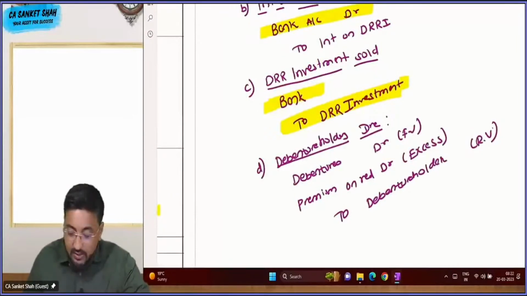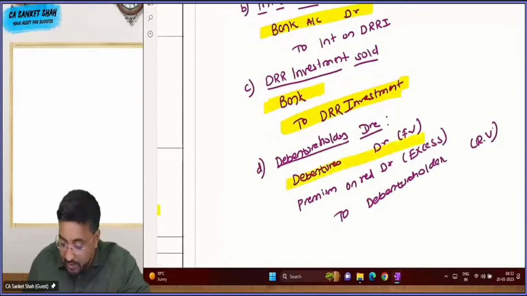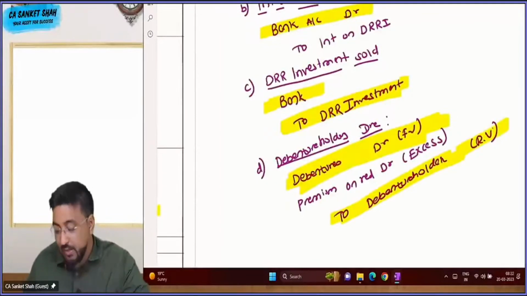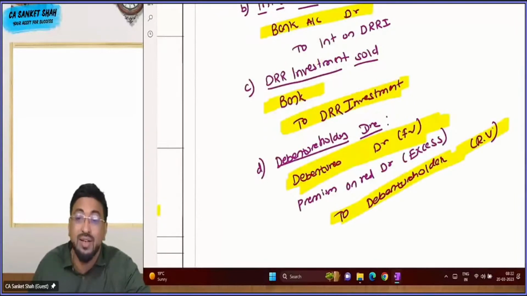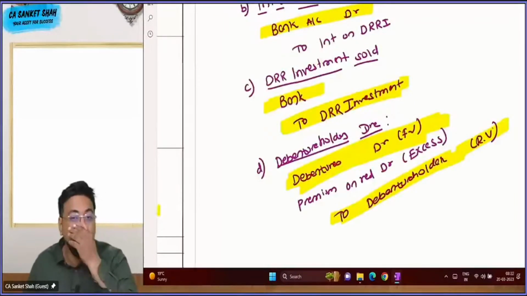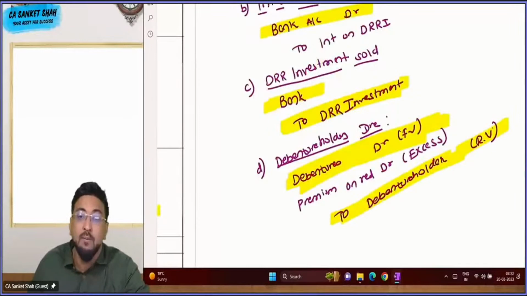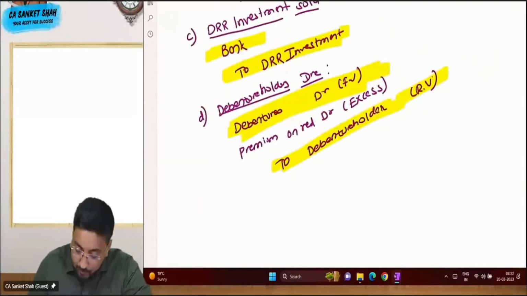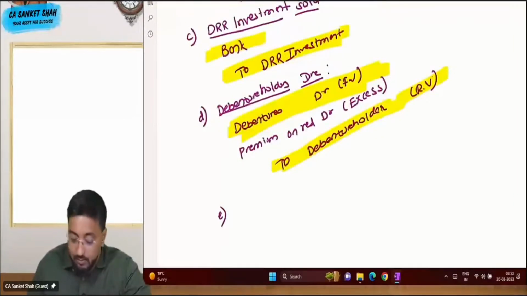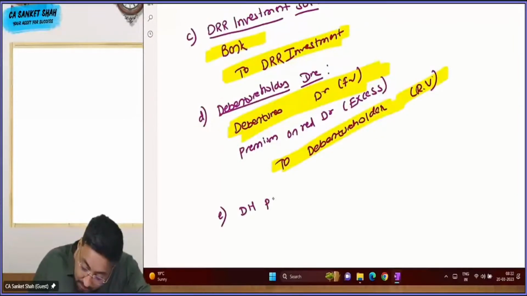So you can see in debentures' debit only face value is transferred, but to debenture holders both amounts are transferred, by debentures and by premium on redemption, both on the credit side. Debentures are debited by only face value. Premium account we have not opened. Debenture holders paid.